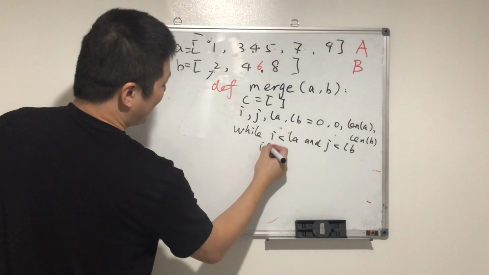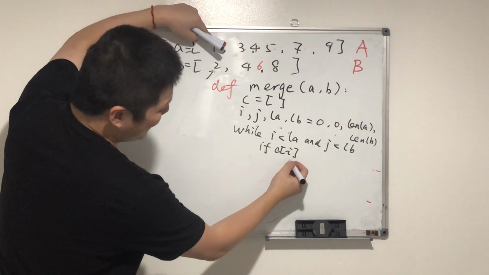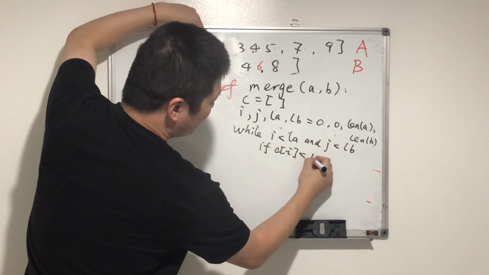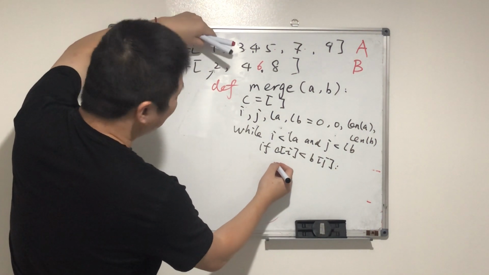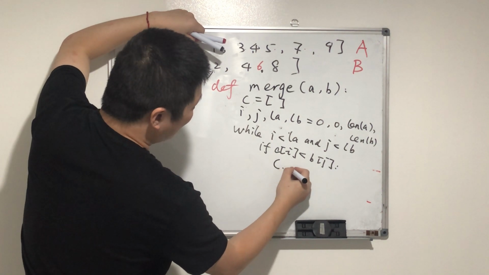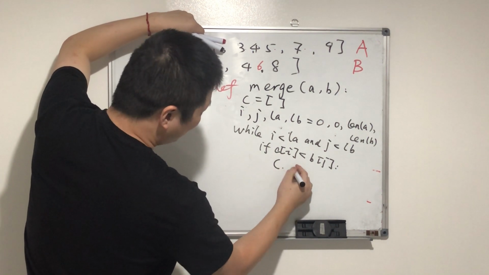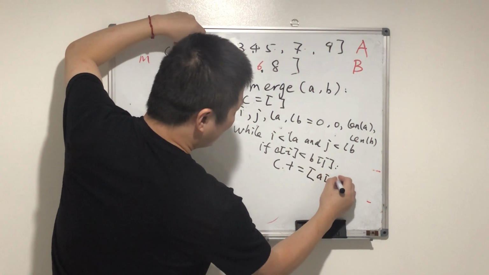And then I need to compare. If A[I], look, if A[I] is smaller than B[J], right? Then I need to put this number in C, C dot append, or we can do C plus equals A[I], right?